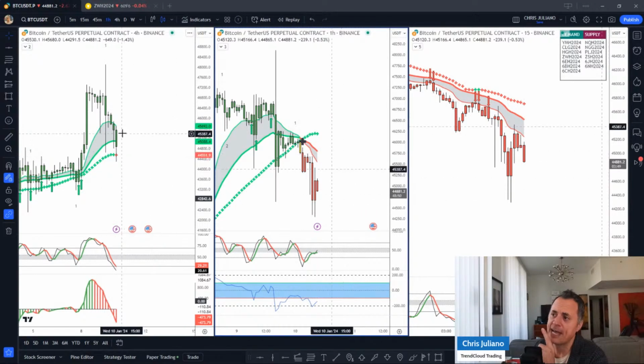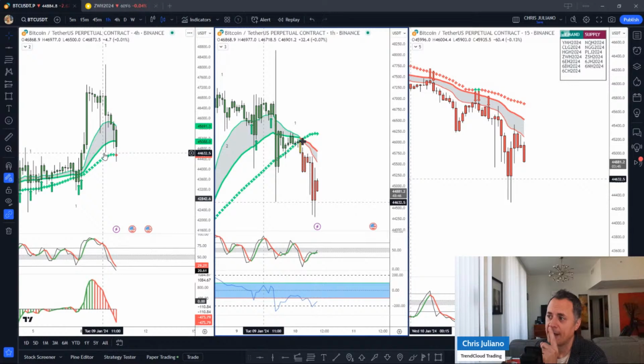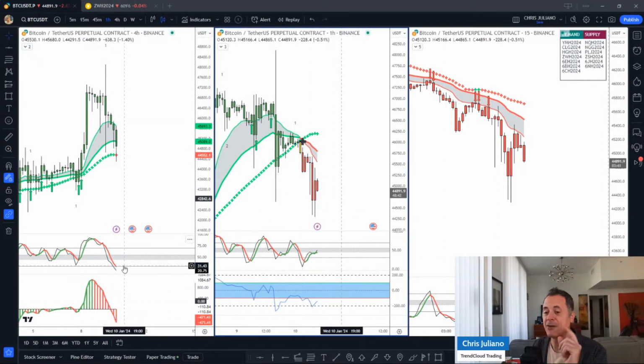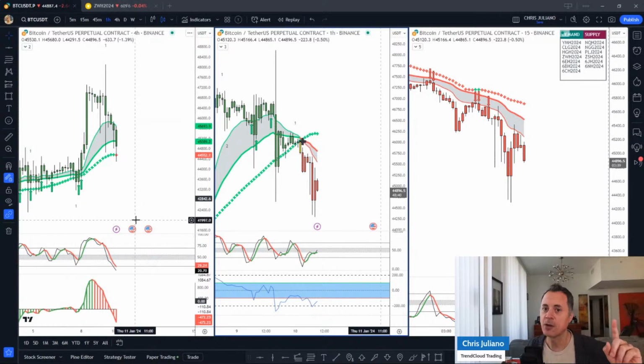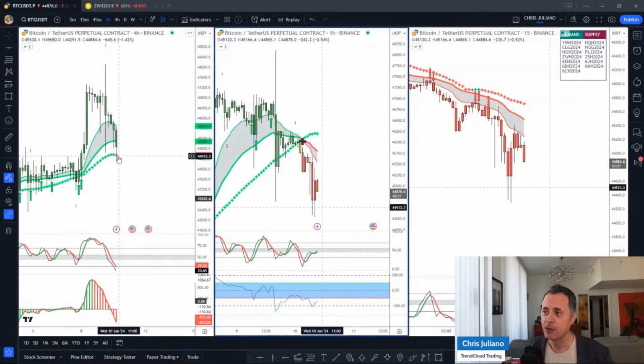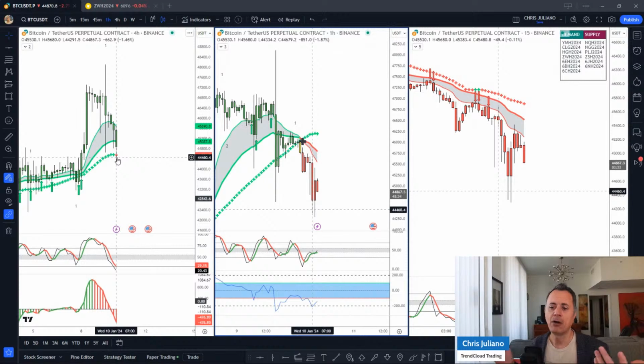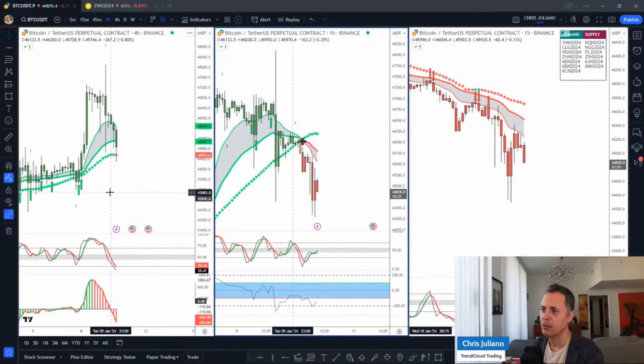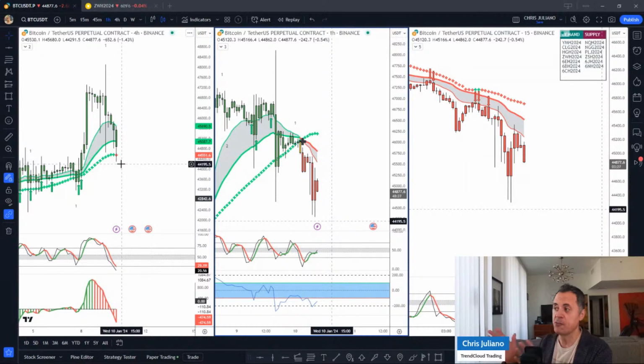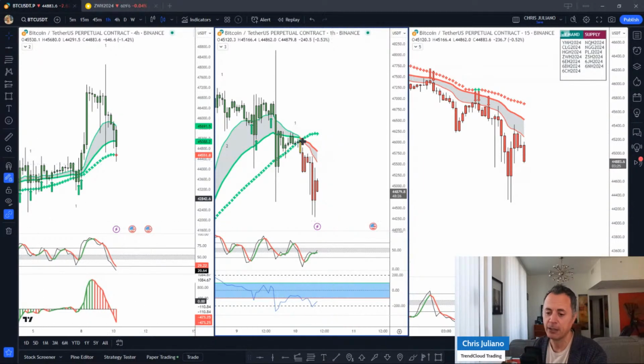We love the fact that we broke structure to the downside on that high time frame. Cycling down, momentum is down on the highest time frame. That's very powerful. And we're starting to get a red signal on our trend cloud, right? So all of this is looking great for the downside.